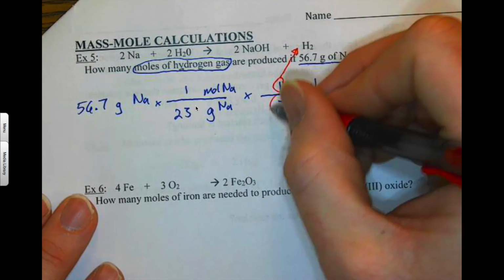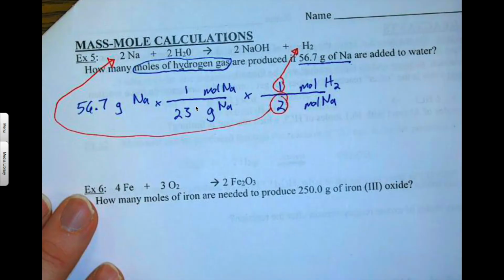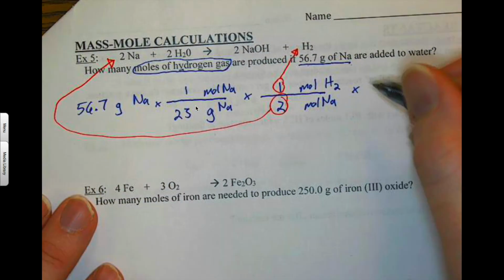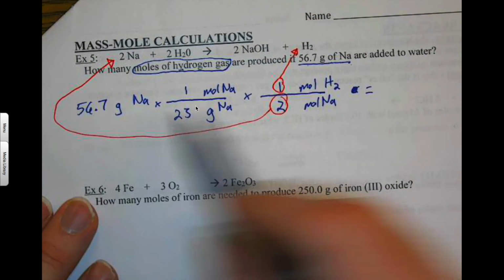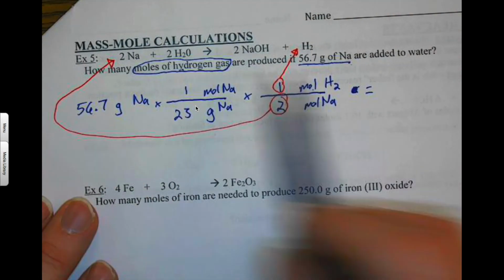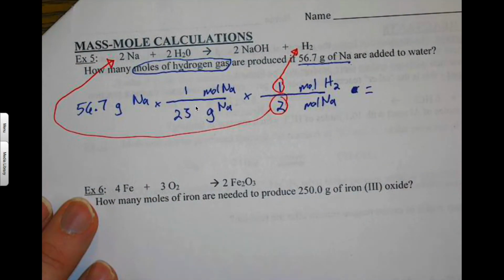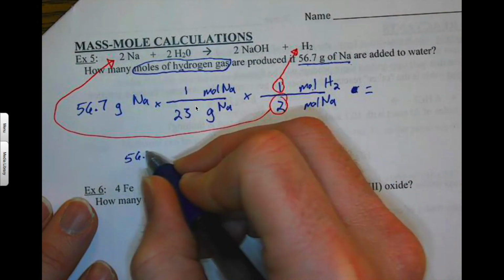I got this number from there. Okay? That's it. We're done. Because we ended up where we circled, moles of hydrogen. So essentially, you're just going to keep going until you get to where you need to go.